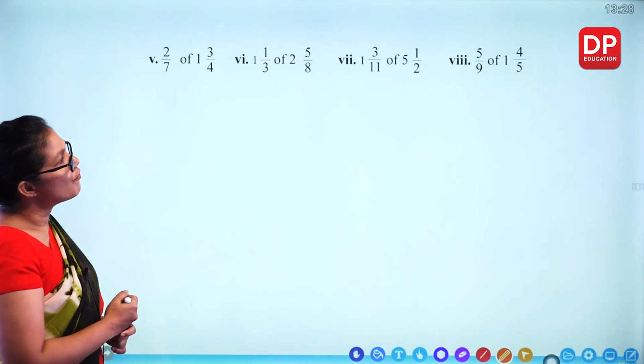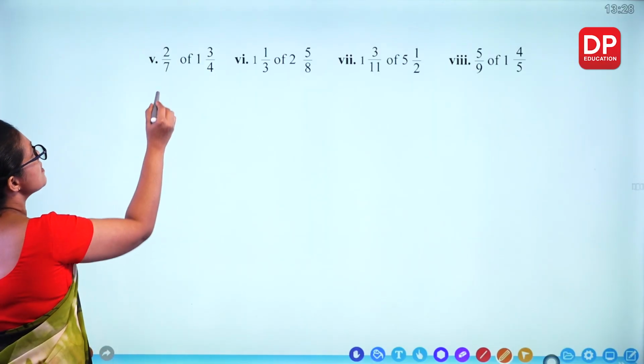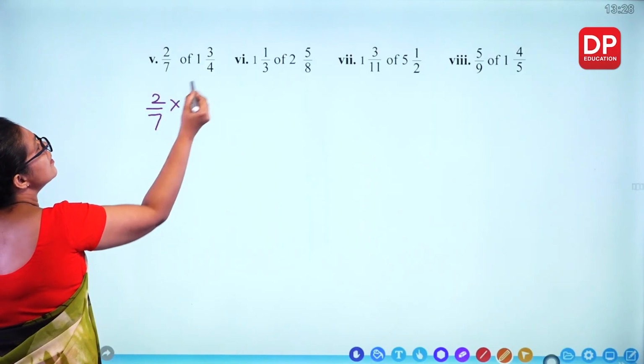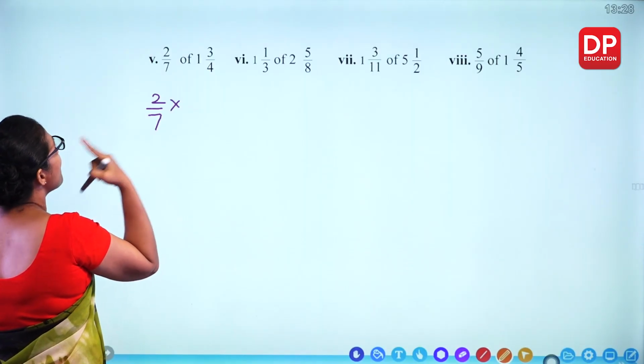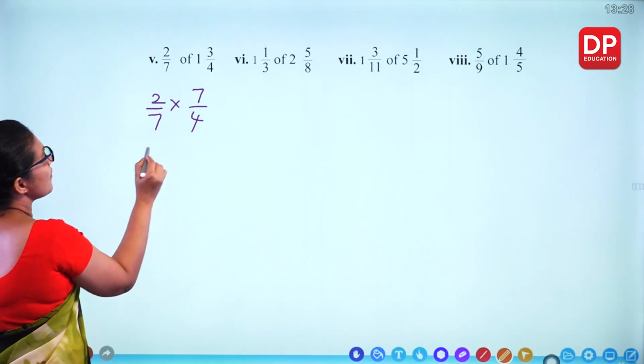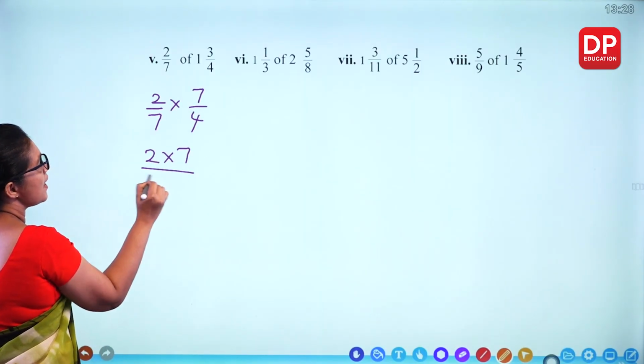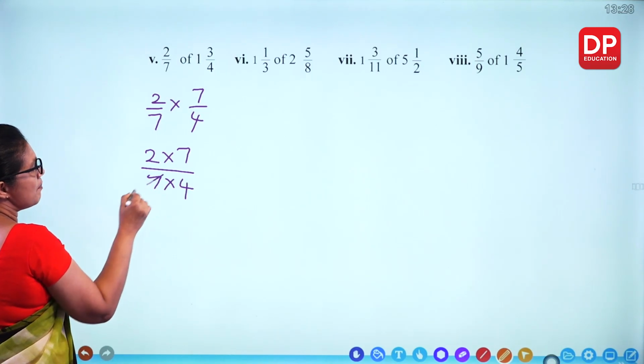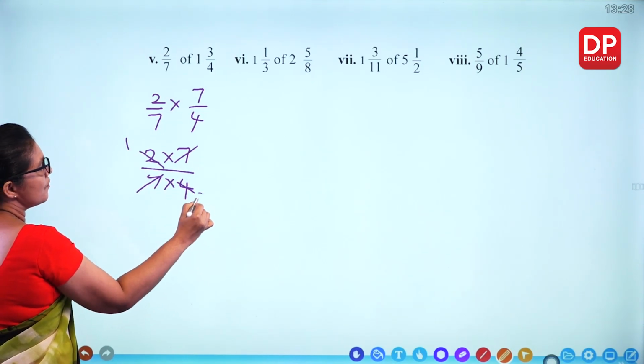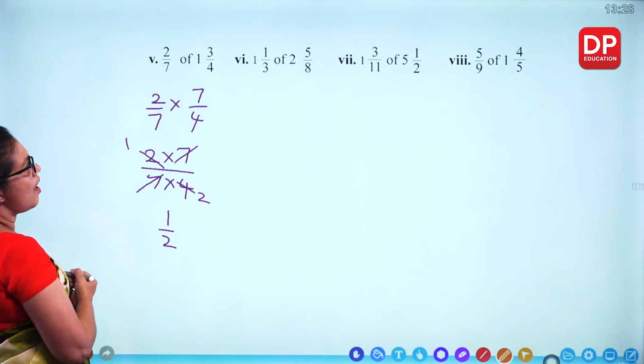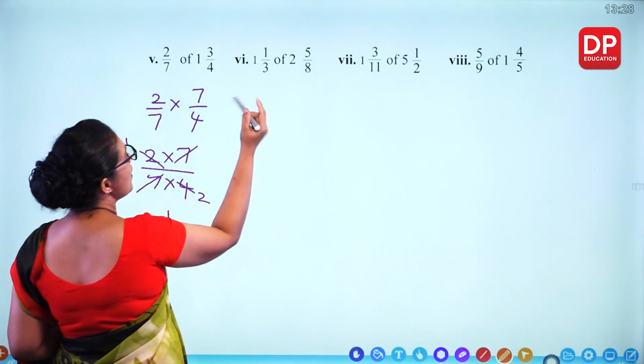So all of these of term is there, that means multiplication. Convert to improper fraction. Then multiply separately. Simplify. You get half. 1 and 1/3.